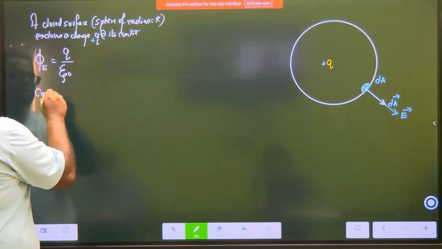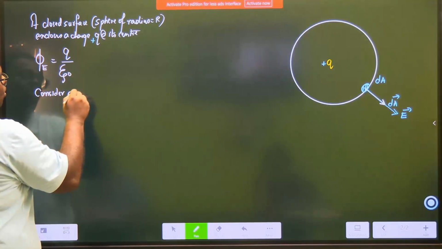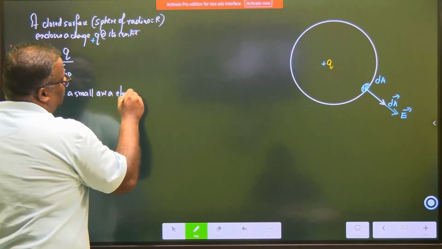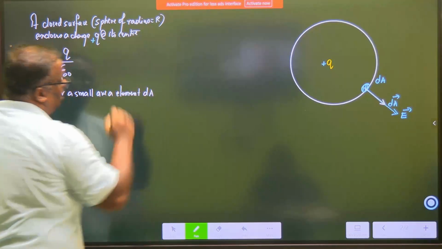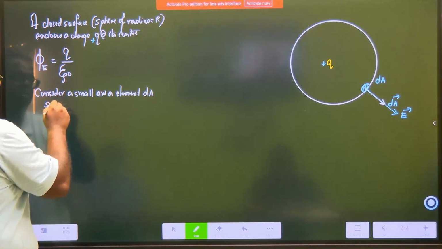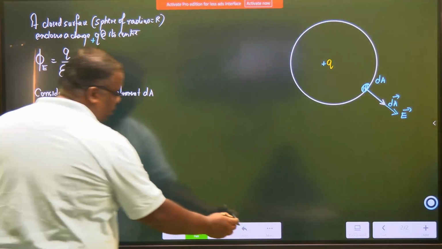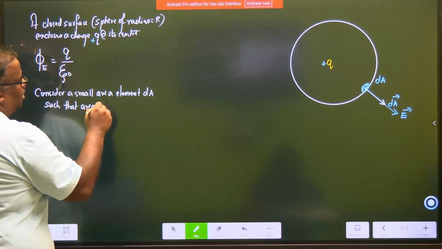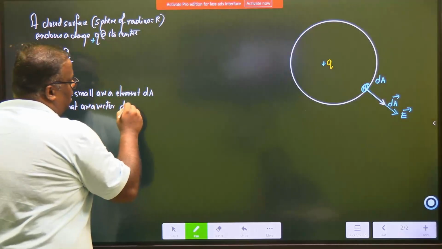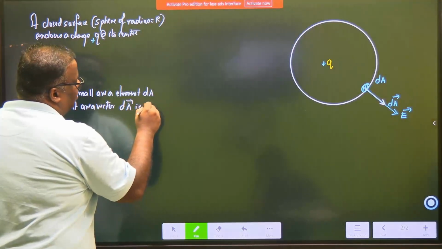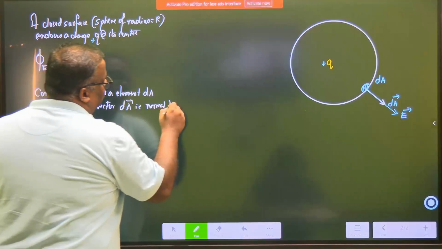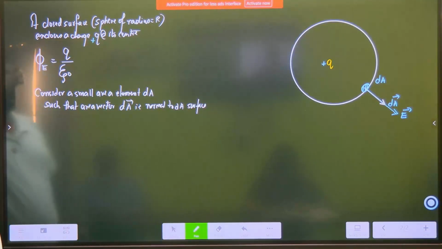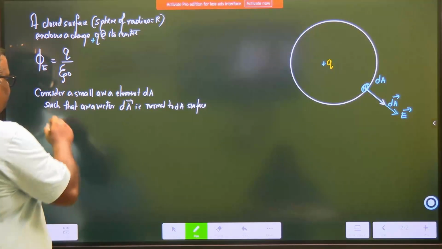So what do we consider? A small area element dA such that area vector dA is normal to dA surface. Area vector dA is normal to area surface.